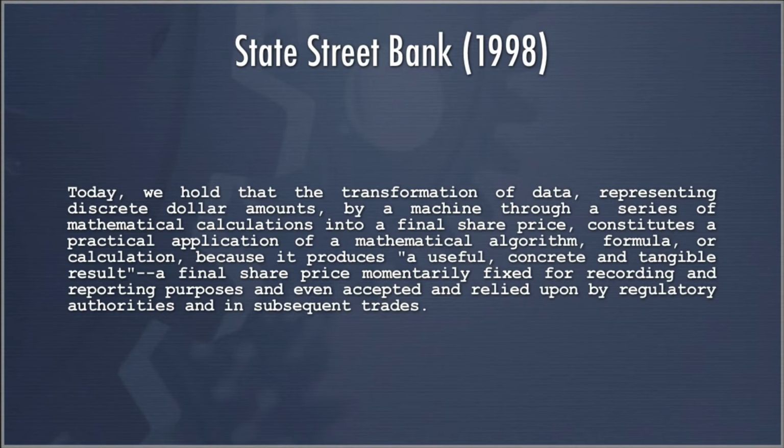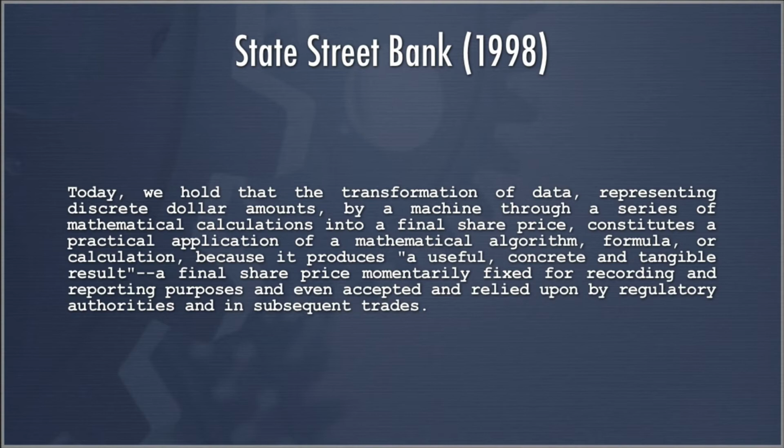So what the court is saying here is that transforming data from raw data into a final share price is transformation as far as the modern economy is concerned, and that therefore, hearkening back to the Gottschalk description, this is moving something from one state to another: raw data into share price, other types of information into a different kind of information, using a mathematical algorithm to do that.